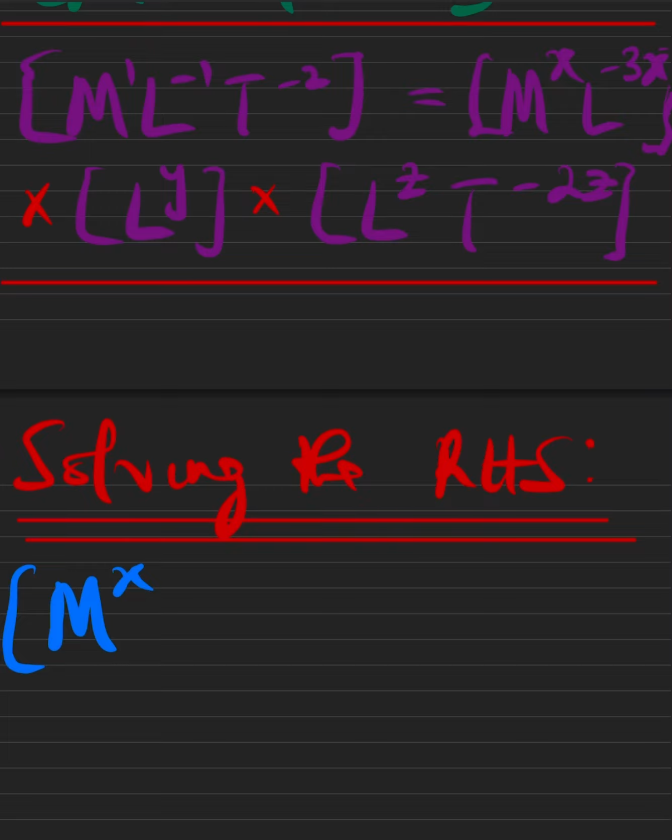So let's bring the next thing is L. Let's bring all the L together. The L we are going to have here is L. The first one is having the power of minus 3x, right? The second one, we are multiplying it. The second one is having the power of y, right? And then the third one is having the power of z.